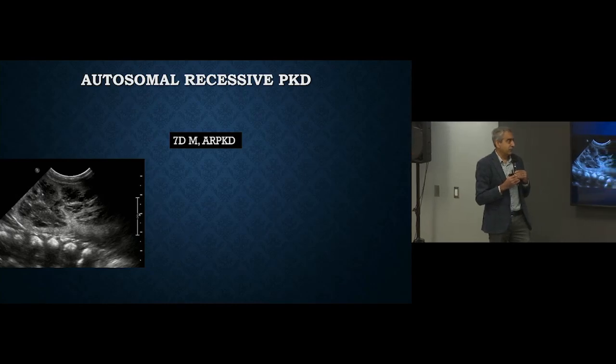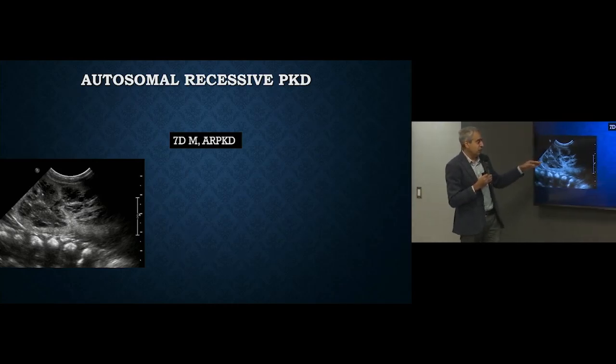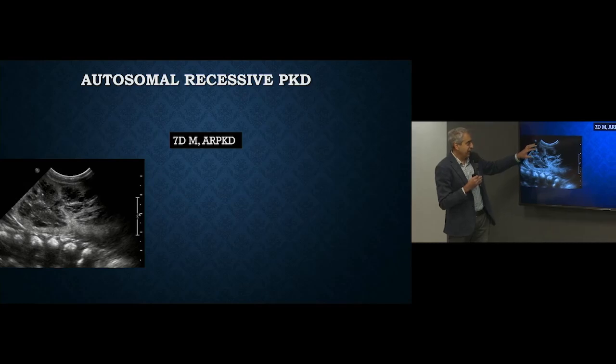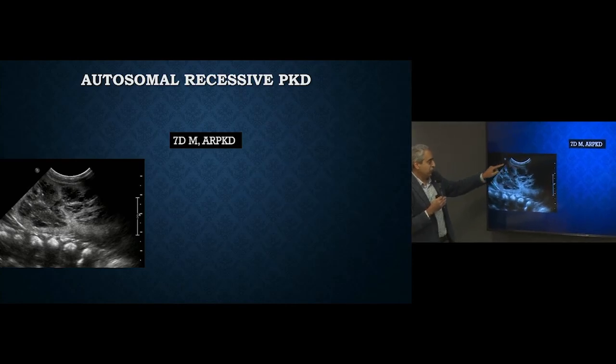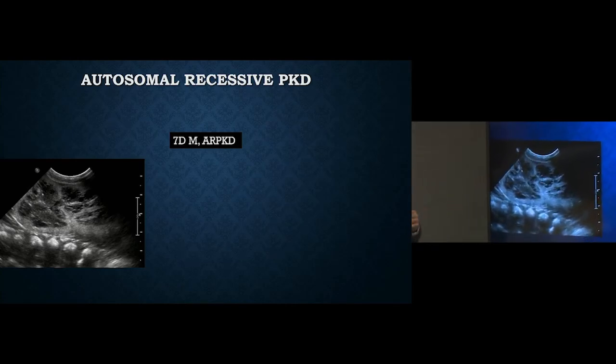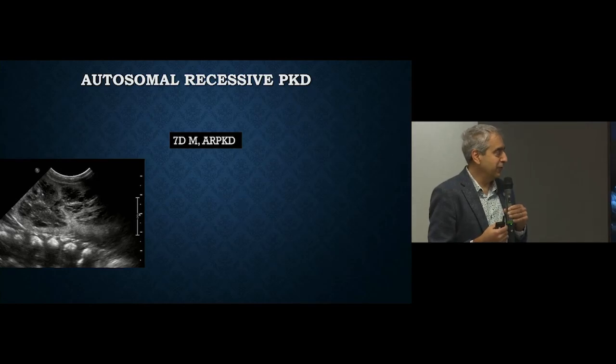So sometimes this is recognized in utero or when the baby is born. Here we have an ultrasound on a 7-day-old patient. In this ultrasound scan, we can see that there are changes in the renal medulla, but not so much in the cortex.